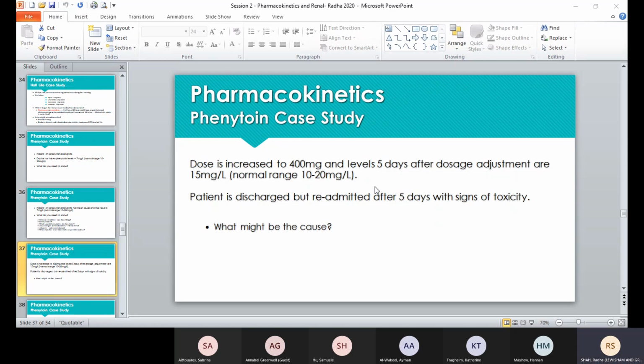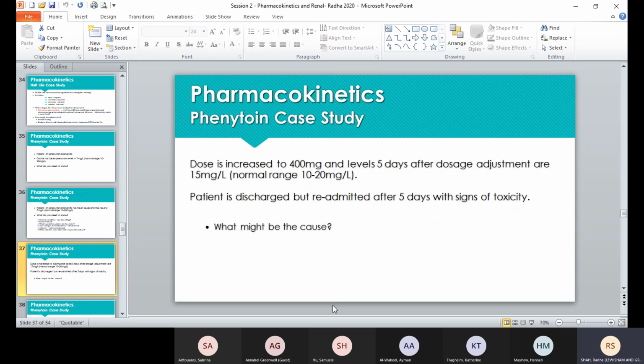The reason why they potentially might have been readmitted with toxicity is that going from 300 to 400 milligrams is a huge dose increase in terms of the drug phenytoin, and I'll go into why that is, and it's got to do with their pharmacokinetics. Normally, if we're dose adjusting, they were on 300 milligrams, we would only go up to maybe 325 or 350.